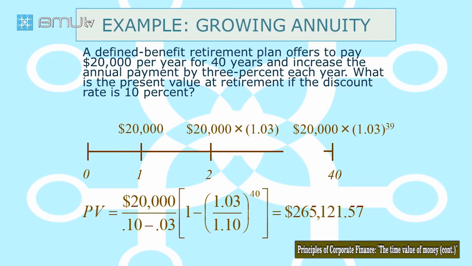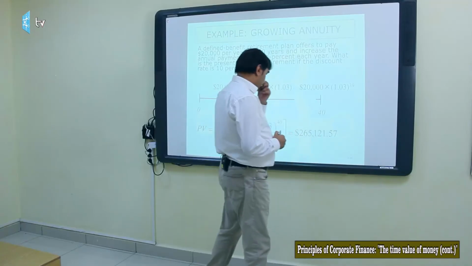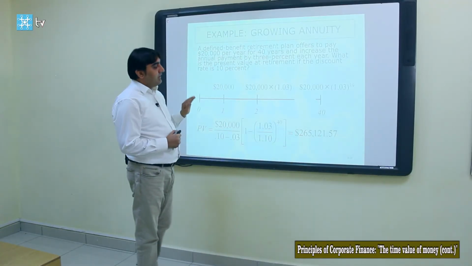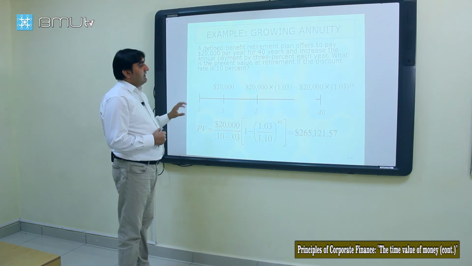You get 20,000 in year 1, next year it goes up 3%, next year again 3%, and so on for 40 years. Obviously it's a growing annuity. Applying our formula, we get around 265.1 thousand.